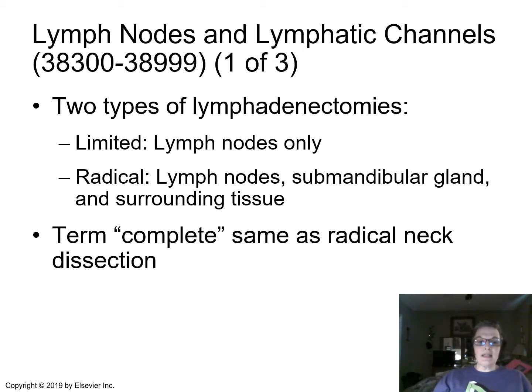The term complete is the same as radical neck dissection. A radical lymphectomy reported with codes 38700 through 38780 involves removal of the lymph nodes, glands, and surrounding tissue. This is your question number 6. What is the purpose of the lymphatic system?